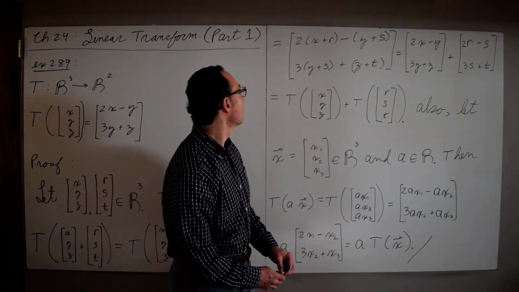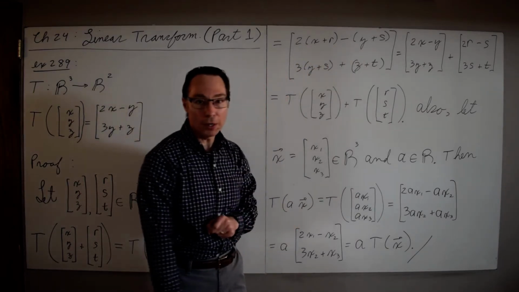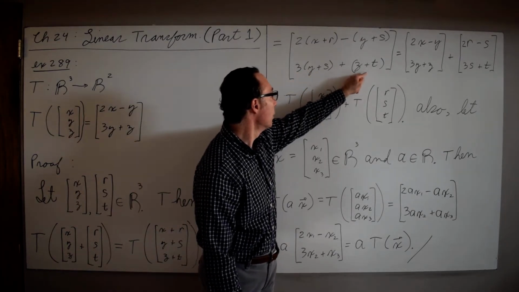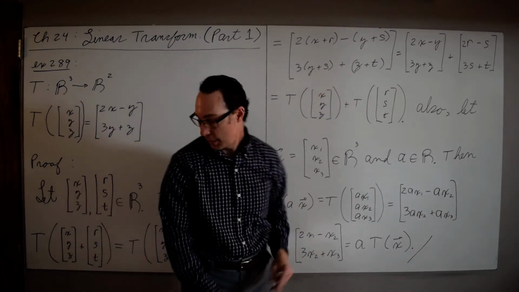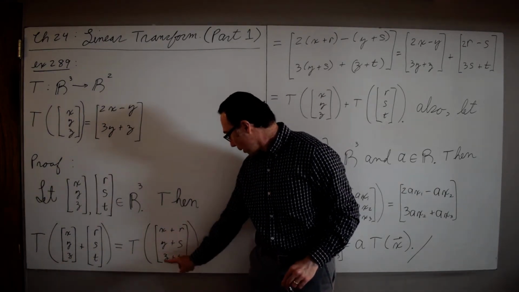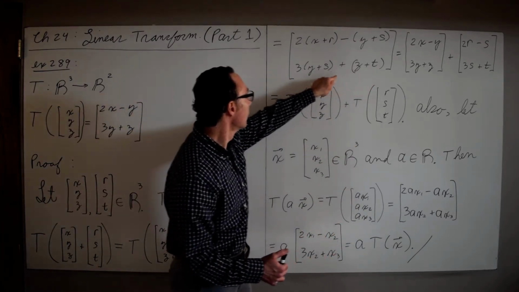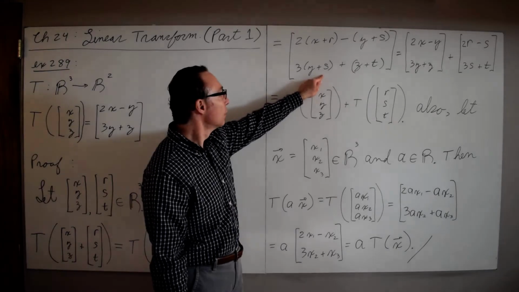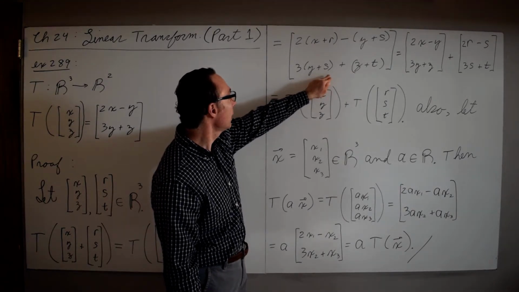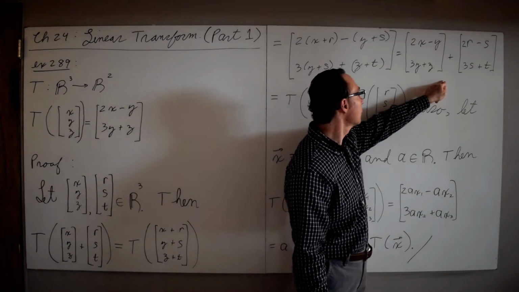So what do we have? We have 2 times the first component minus the second component, and then we have 3 times the second component plus the third component. Again, this is T applied to this vector, and we have this vector right here. To save some time and some board space, I skipped a step algebraically, but you can take this vector and write it as the sum of these 2 vectors.